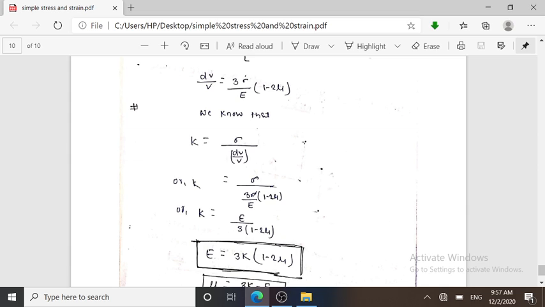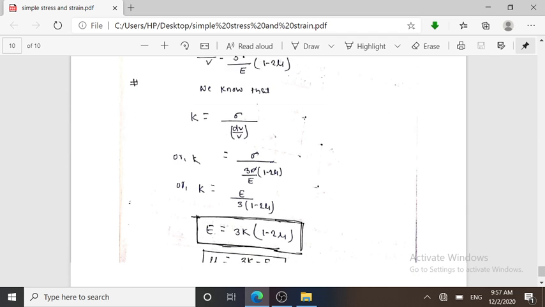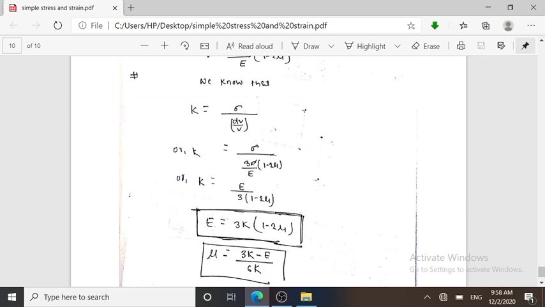Here K equals sigma by 3 sigma by E into 1 minus 2 mu. Sigma and sigma cancel. Finally K is equal to E by 3 into 1 minus 2 mu, and E, just cross multiply and replace, is equal to 3K into 1 minus 2 mu. So the relation between Young's modulus and bulk modulus is E equal to 3K into 1 minus 2 mu.